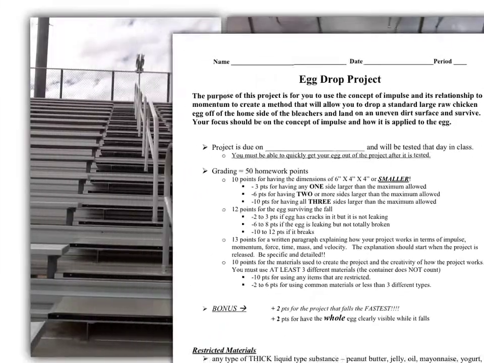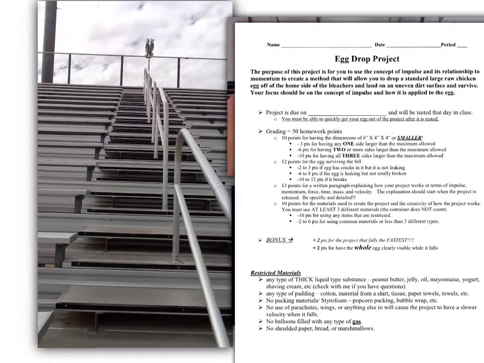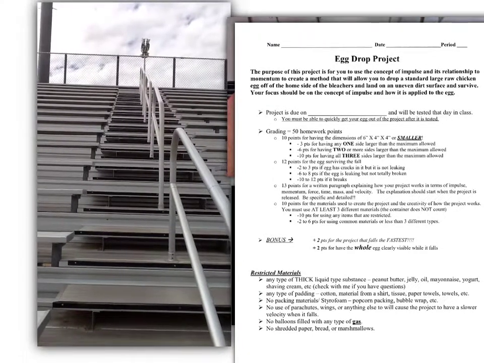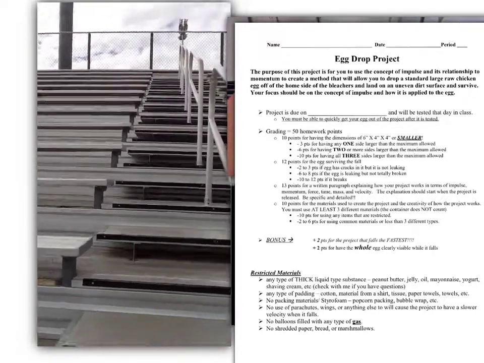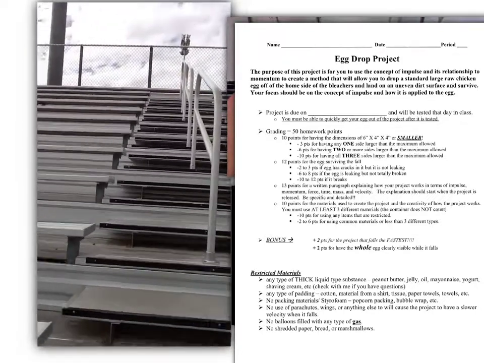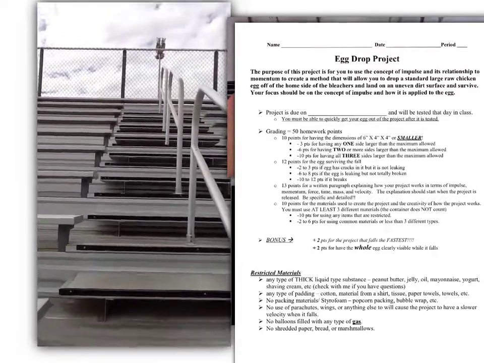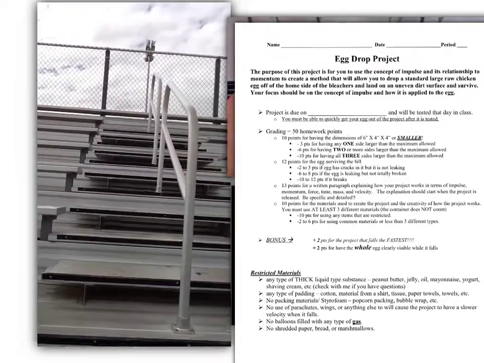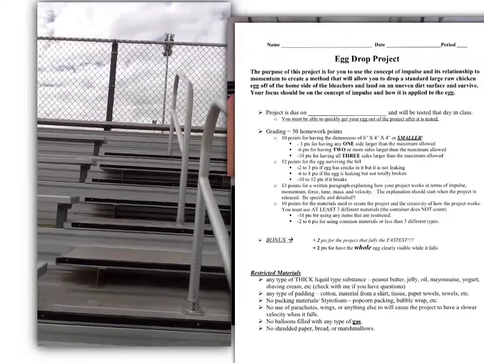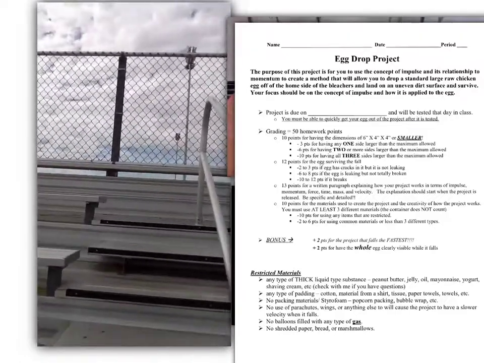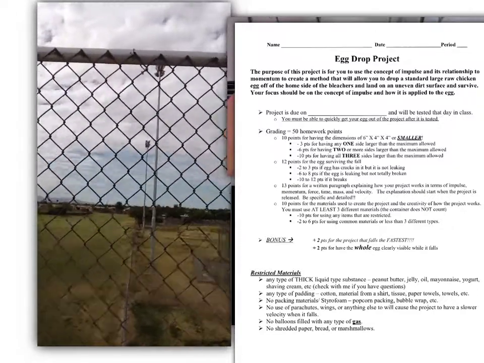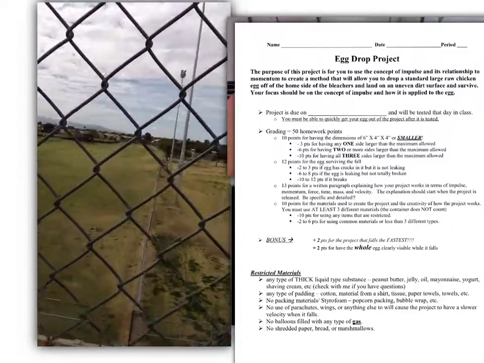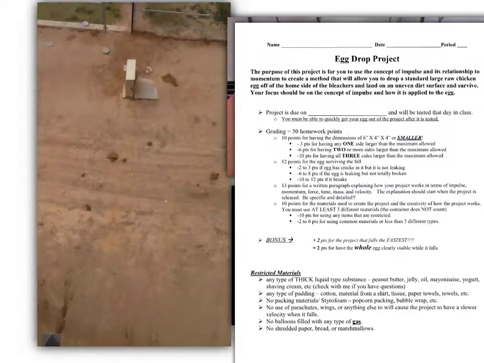So again, we are going to go to the bleachers, and we are going to take that long walk up. We're going to use the home side of the bleachers. Once we all get to the top of the bleachers, we're all going to kind of line up along this fence, and then one at a time we are going to drop them over the edge and kind of guess what happens.